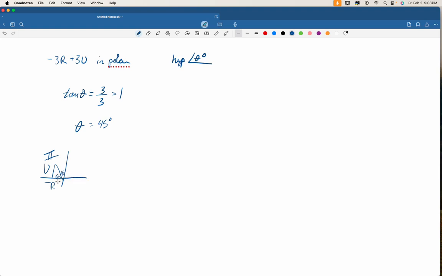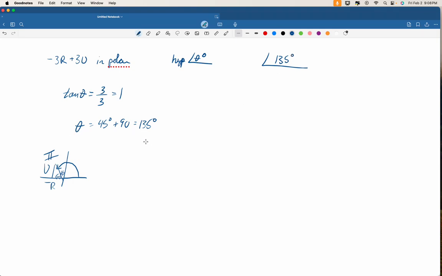Because 45 is half of 90. So I know I'm going to have to add 90 to 45 to get the direct measure of the angle. So plus 90, that's 135 degrees. So 135 degrees goes here.